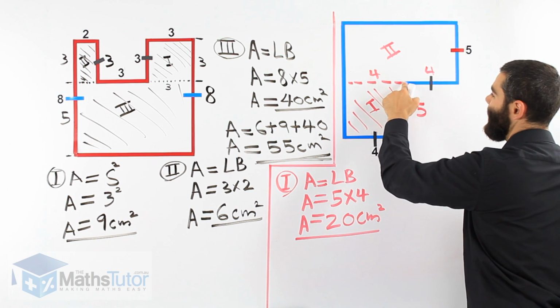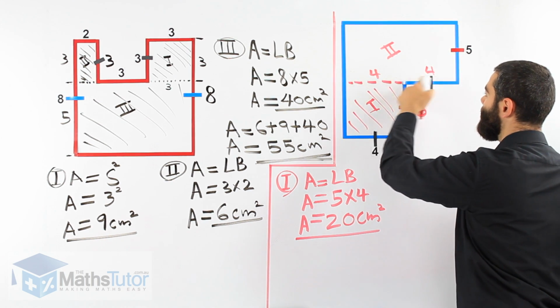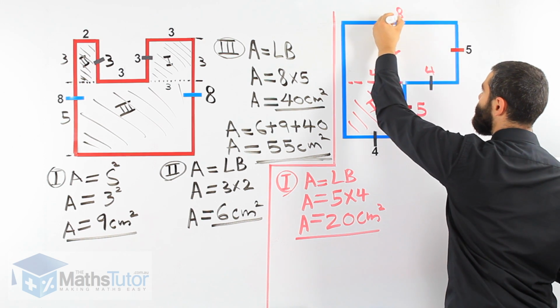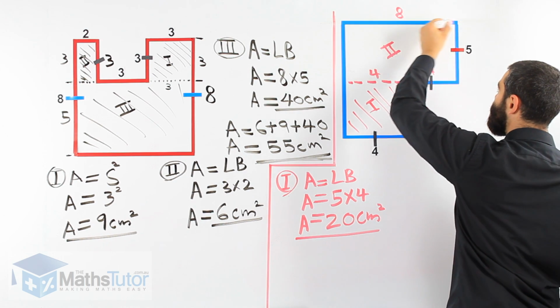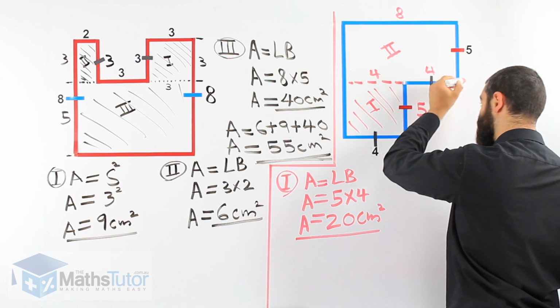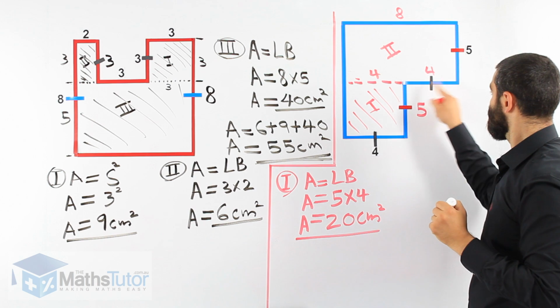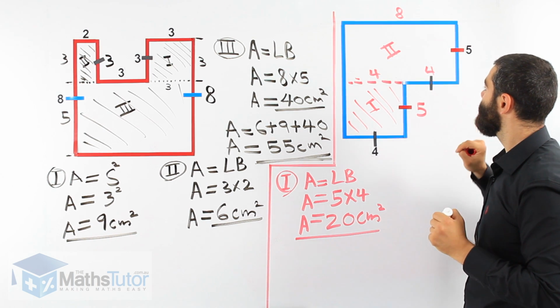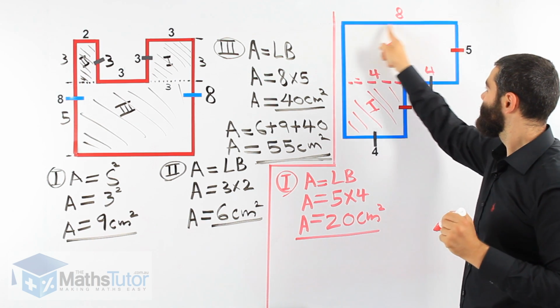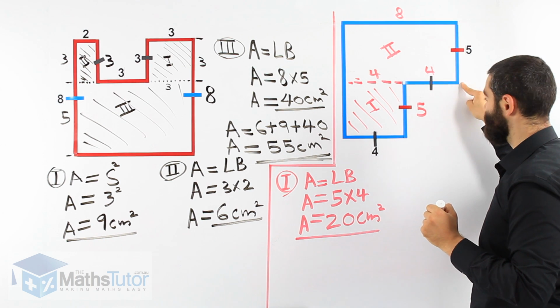So 4 here and 4 there make a total of 8. The total length is 8 here. 8 and 8 are the opposite sides of a rectangle. So 8 is the length and the breadth is 5.